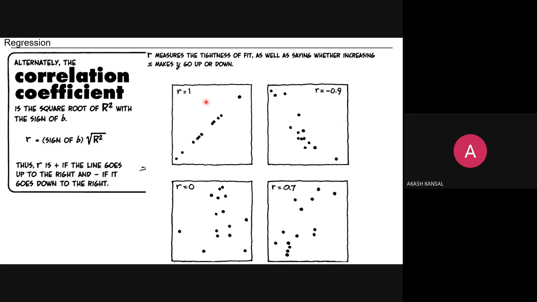Some examples of correlation coefficients: R equal to 1 is a linear line, minus 0.7 is a negative slope, and R equal to 0 means no correlation, you don't see any particular fit.